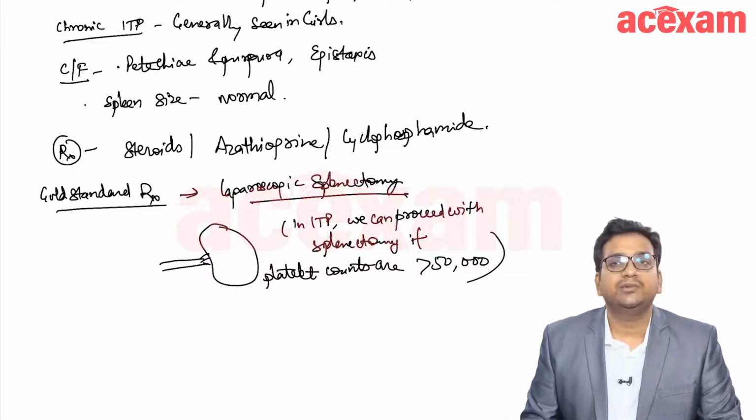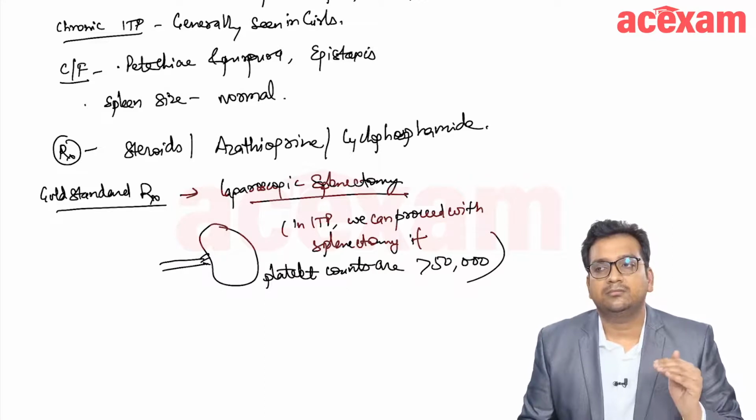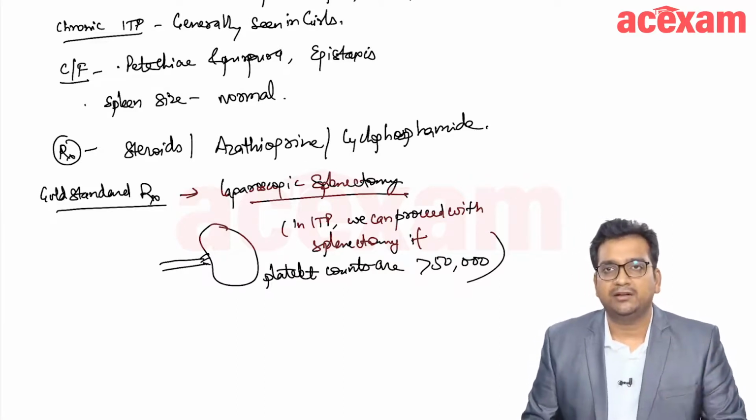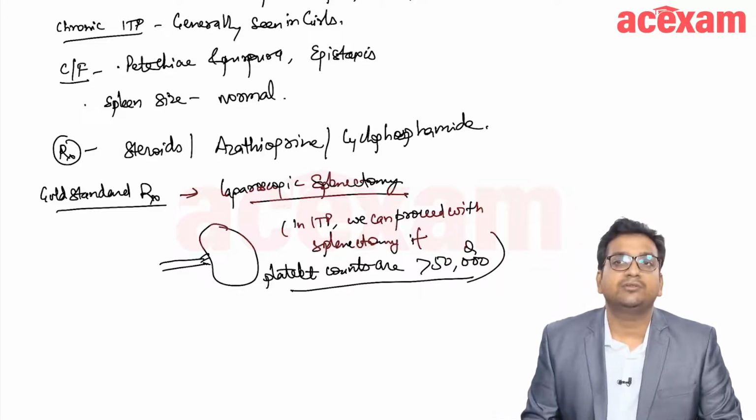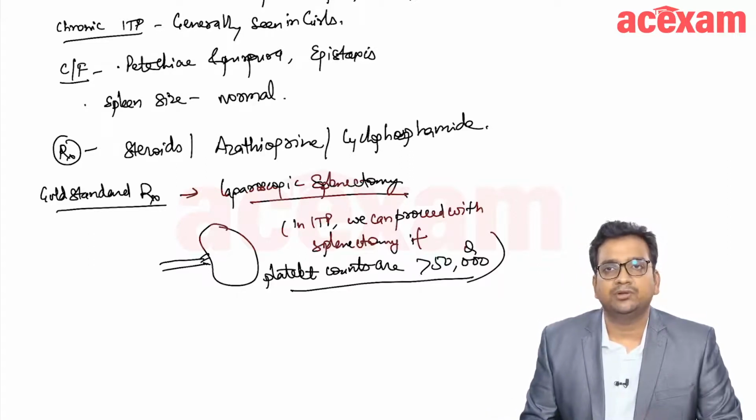Normally in other surgeries, we take a platelet count of more than 1 lakh, but in chronic ITP, we can take the patient for surgery if the platelet count is more than 50,000.